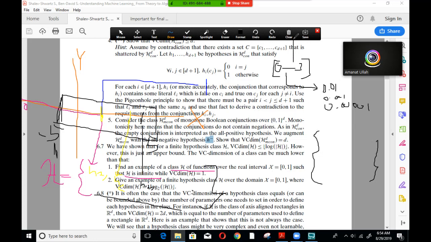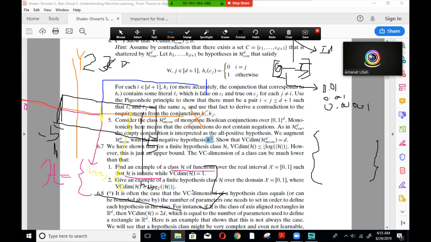But if I say between 2 and 5, where 2 and 5 are integers, then the size of the hypothesis class is not infinite, because you only have a few options. You have 2 and 3 and 4 and 5.